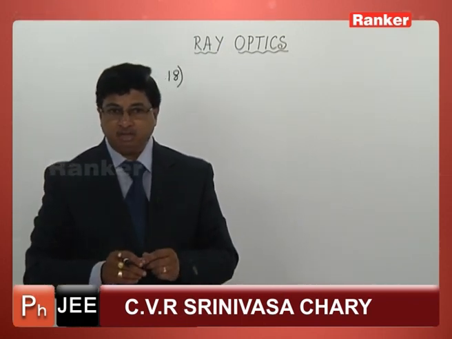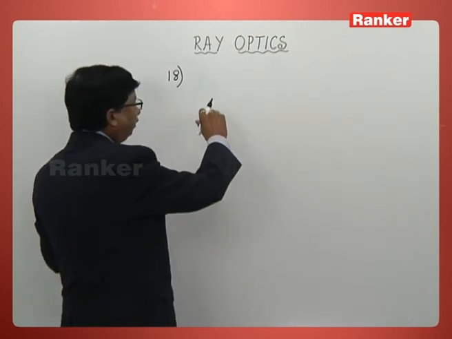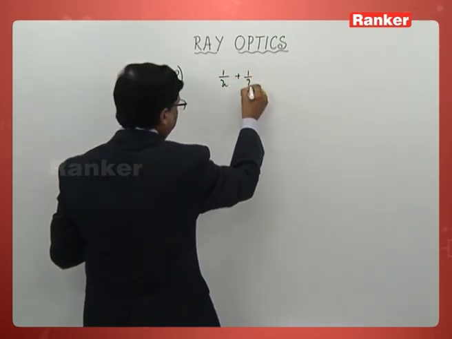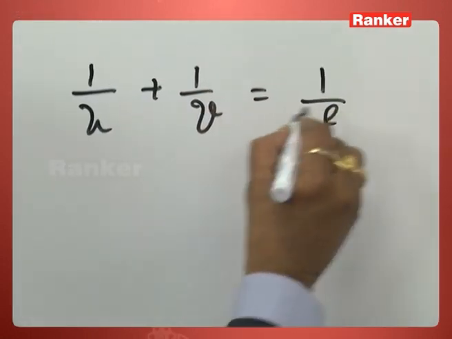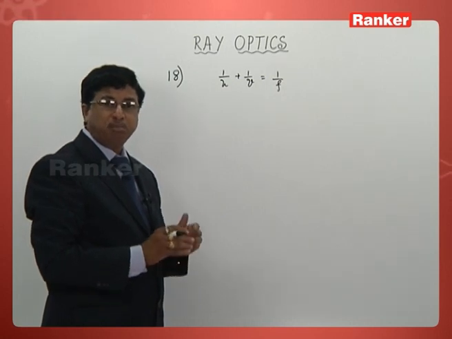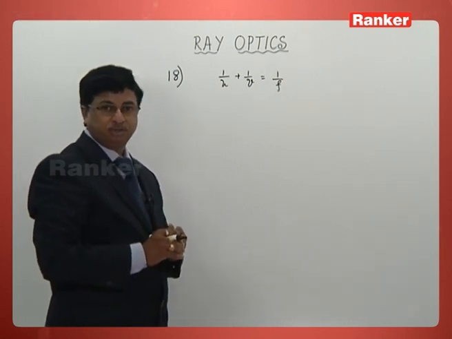First option is given 20 centimeter. Second option is 10 centimeter. Third option is 40 centimeter. And fourth option is 30 centimeter. So if you take once again for this convex mirror, 1 by u plus 1 by v is equal to 1 by f. That is the general formula we used to consider as the mirror formula.